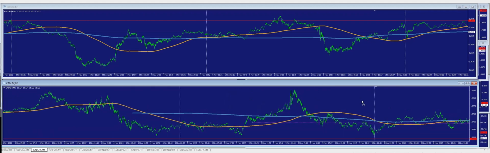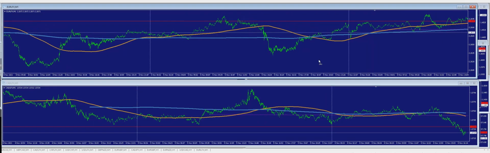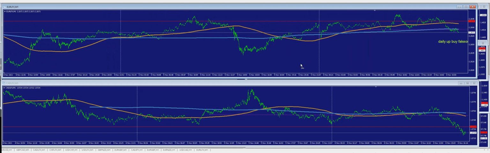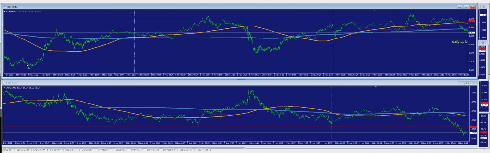Oh, here we go. Right, there's our move down finally. So we know here, right? We know to this point, from here to here, and here to here, it's bearish, and this is bullish. So we want to be long EURCAD.